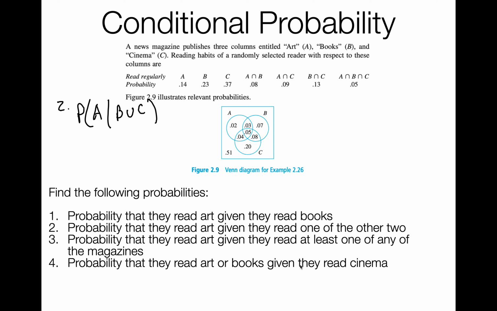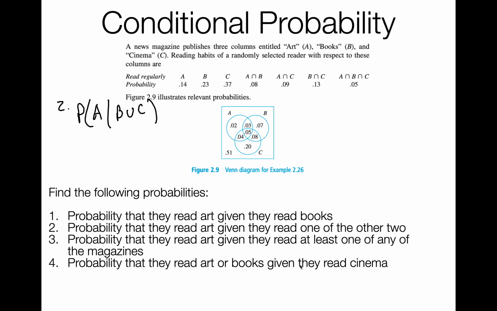It doesn't say exactly one of the other two. It just says one of the other two. Unless it says exactly, I'm not going to say one or the other, but not both. So it's A given B or C.